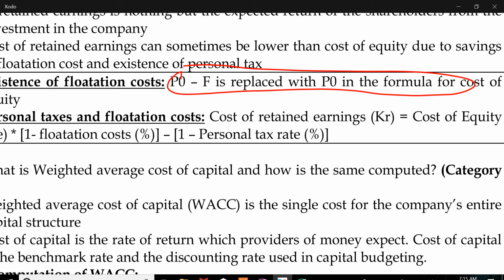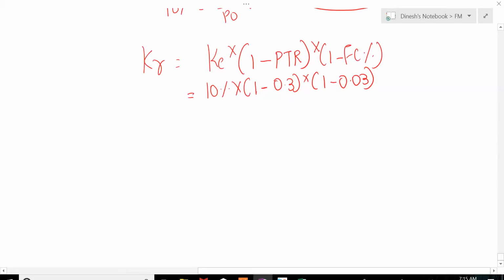You'll have to change the formula. It's into 1 minus personal tax. What's the answer we get? 6.79%. Any doubts on 6.79%?